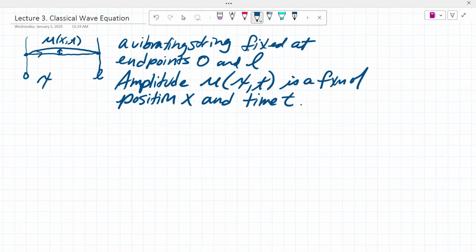And so that equation is given by this. And guess what? It's a differential equation.